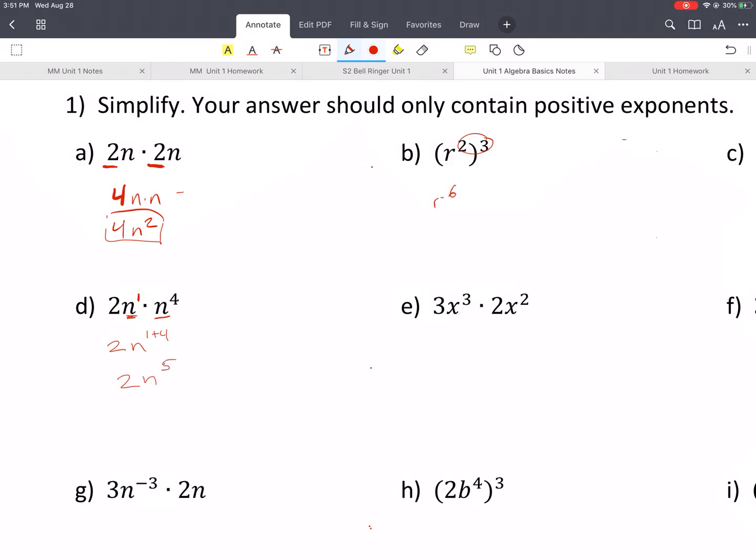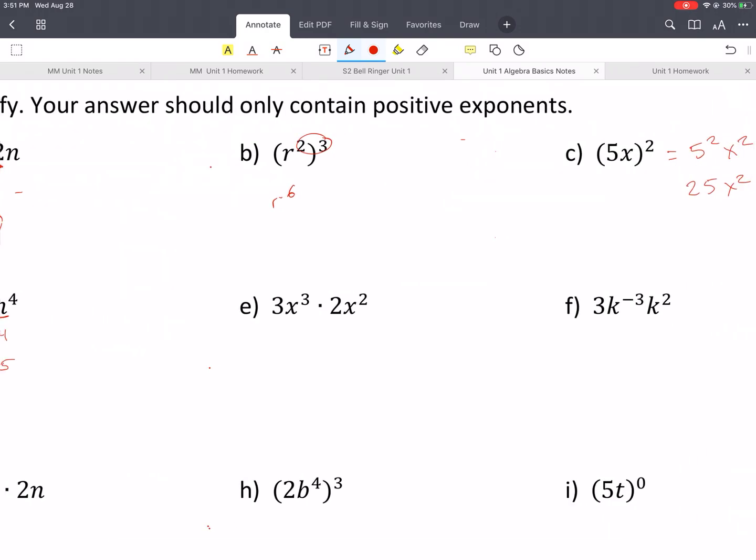Okay, here, multiply the numbers in front, that gives us 6. And then we have the same bases, so we add their exponents. So x to the 5th.